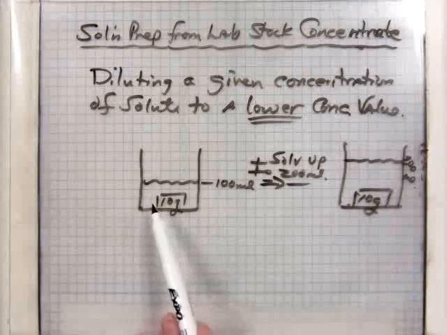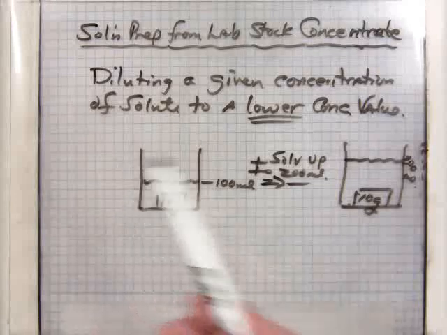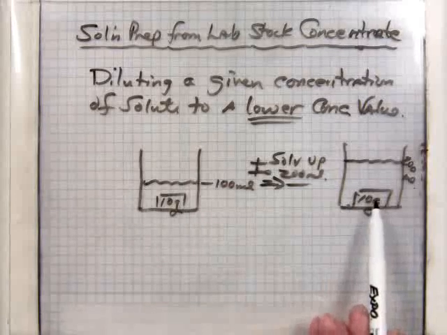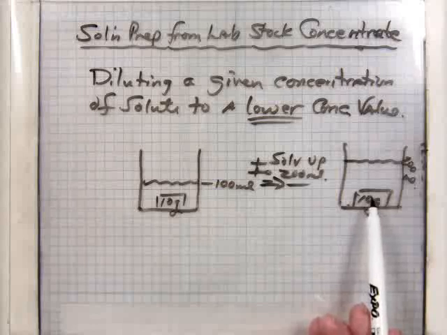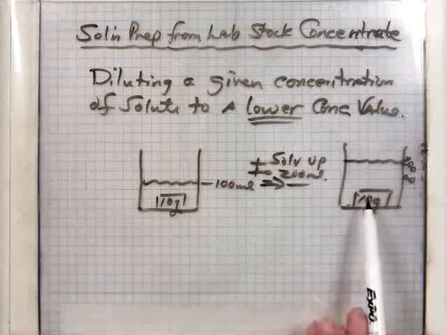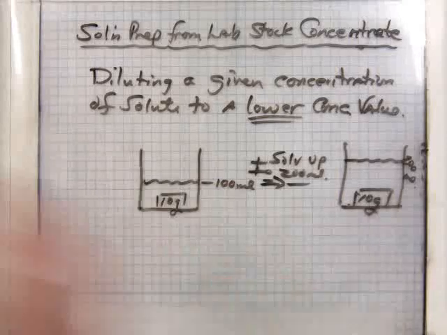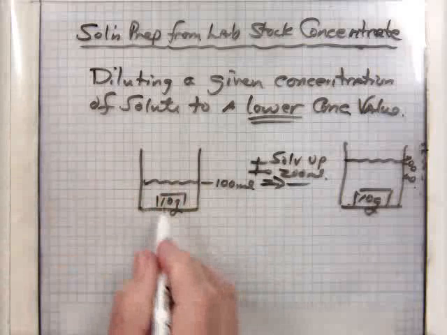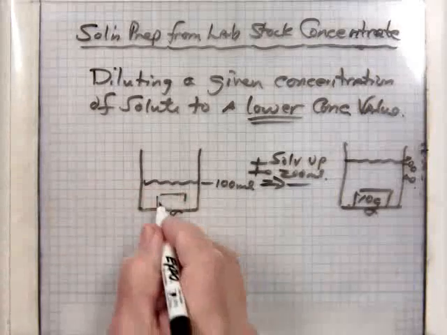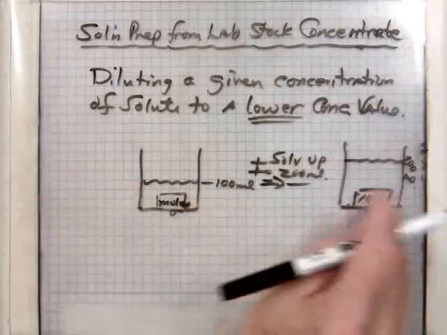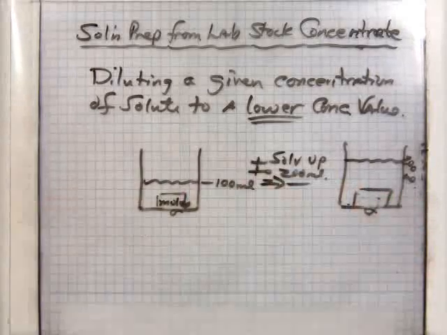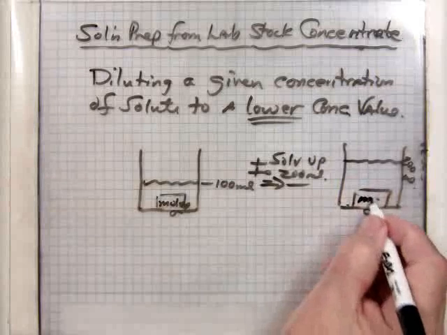How many grams do we have in the first beaker? 10 grams. How many grams do we have over here? 10. The same amount? Absolutely. Does everybody see that? Now that's the foundation. What if we had moles? Say we had moles in here. Say 5 moles. When you dilute it, you still have the same number of moles.